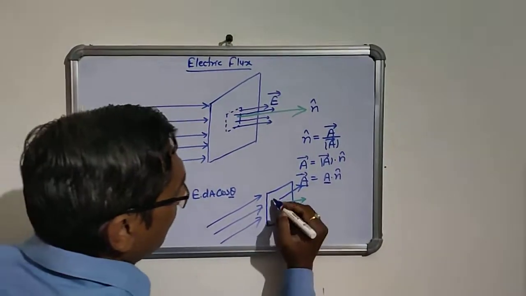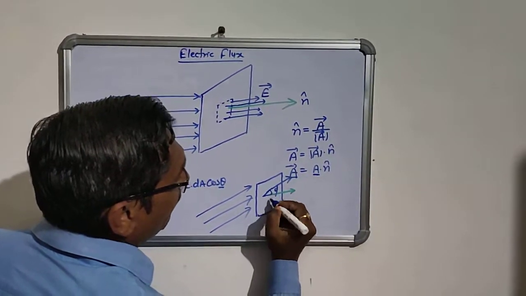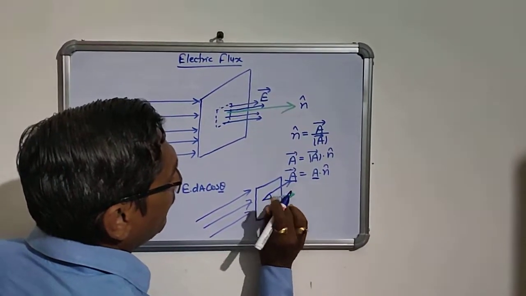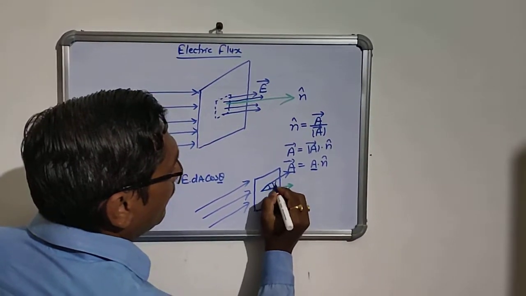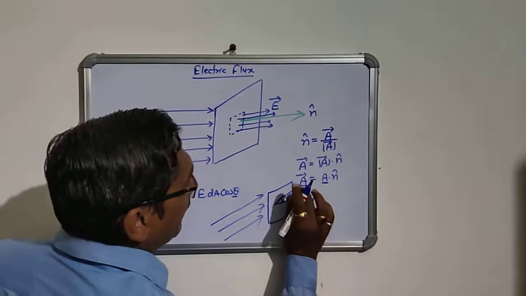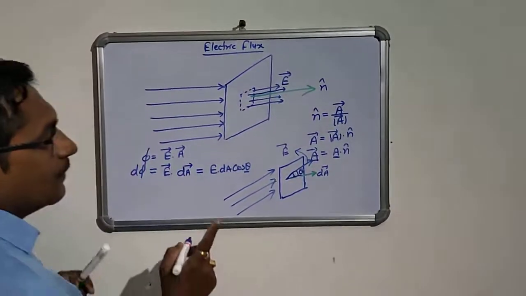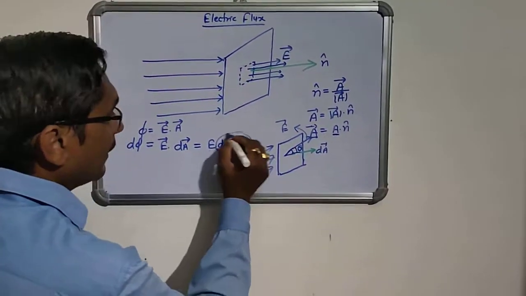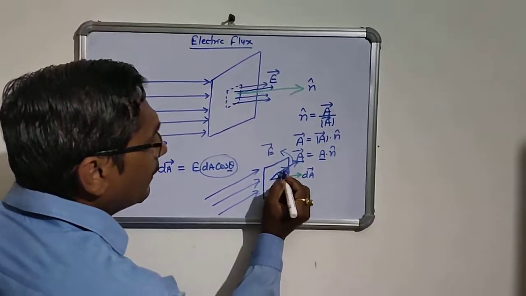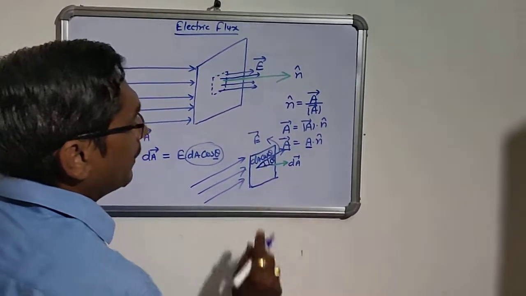That's why here the electric field makes an angle theta with the area vector. Phi is the flux. This is the area vector dA, and it is electric field E. So this component is dA cos theta.